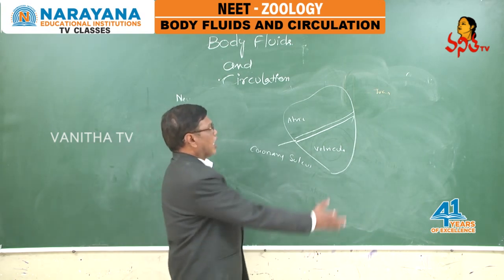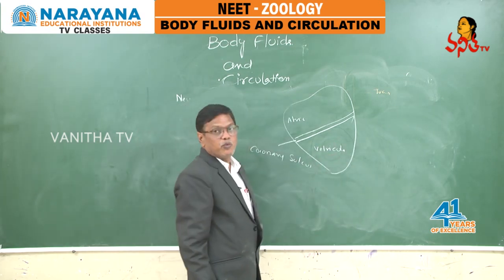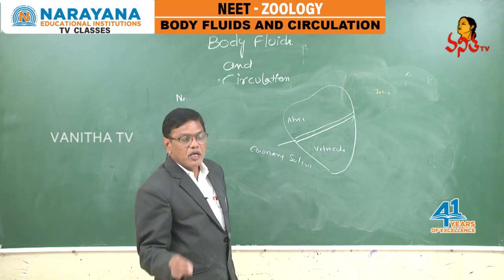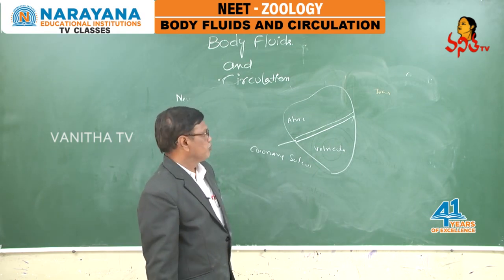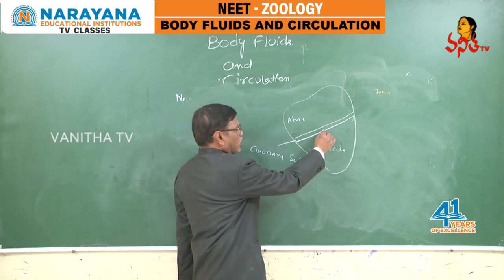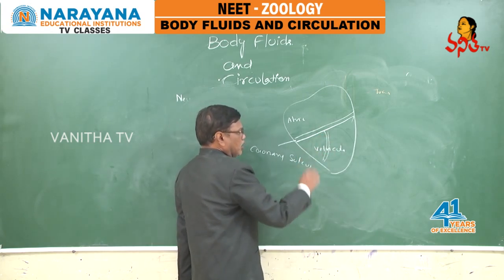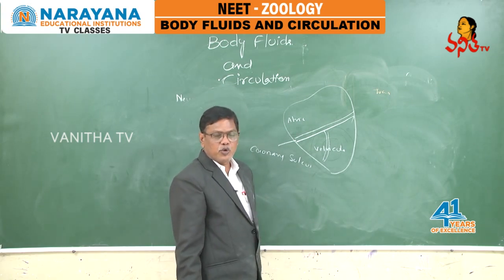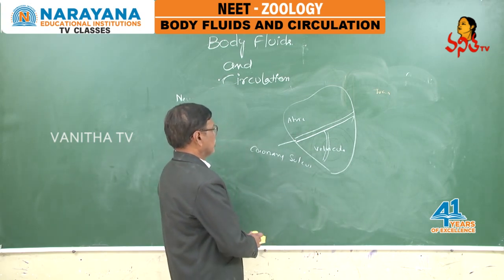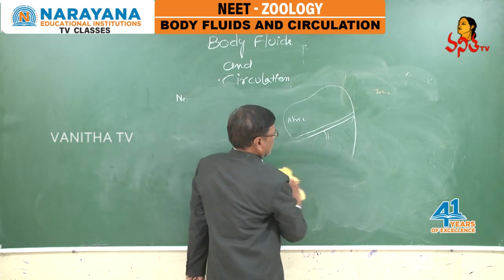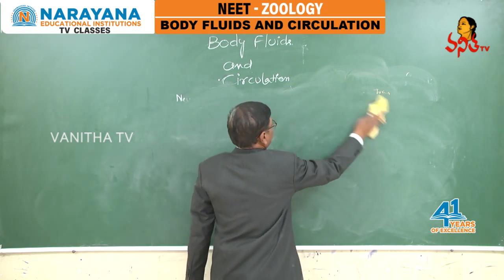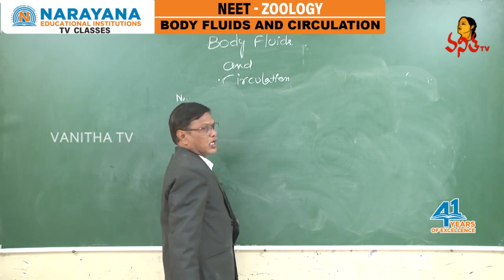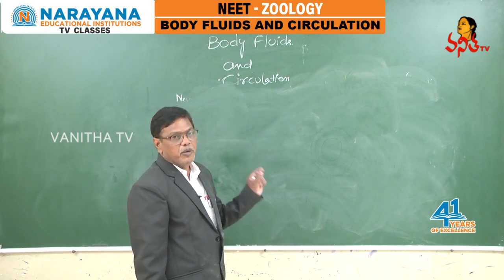An oblique groove is also seen on the ventricular part that indicates the partition of the ventricle into two chambers. Externally, no other structures are seen, unlike other vertebrates. Here only the coronary sulcus and the oblique groove are present.